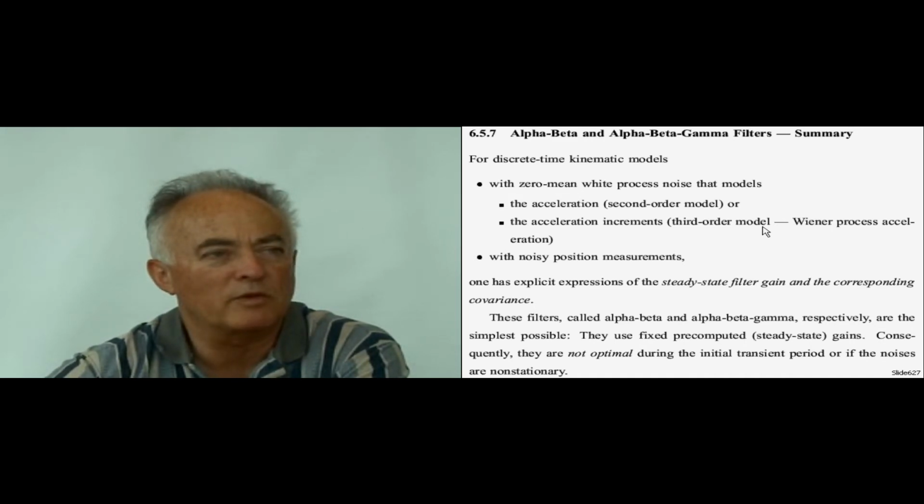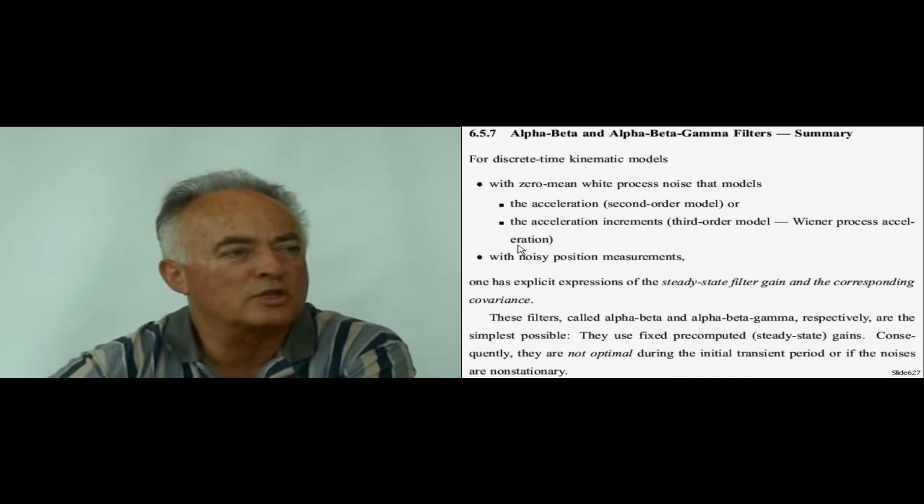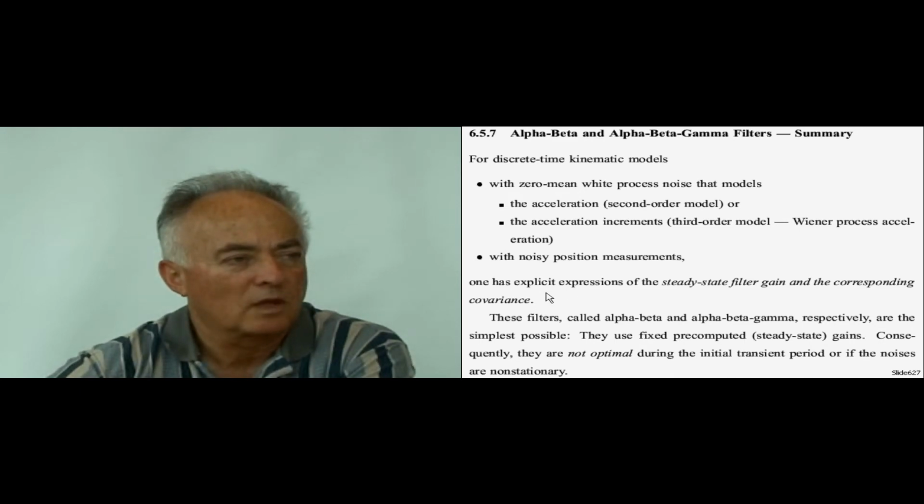The object might be moving, so each coordinate will be third order or second order. This is the Wiener process acceleration model, with noisy position measurements. For these, we have found explicit expressions of the steady state filter gain and the corresponding covariance.